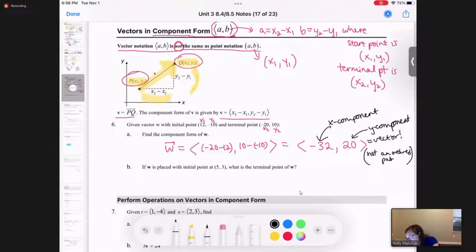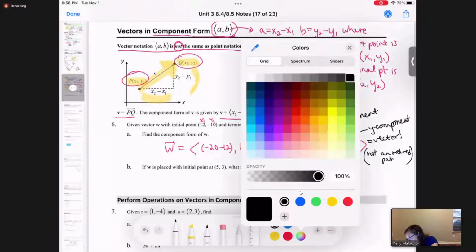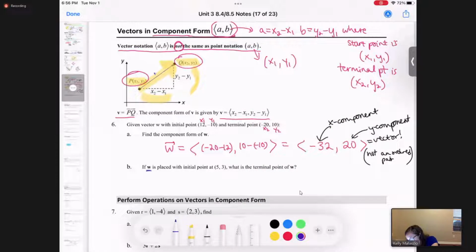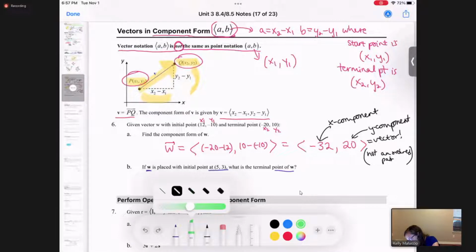Okay, so part B is now asking, if W is placed with initial point 5, 3, what is the terminal point of W? What this means is that we move the initial point 12, -10 to be at 5, 3.